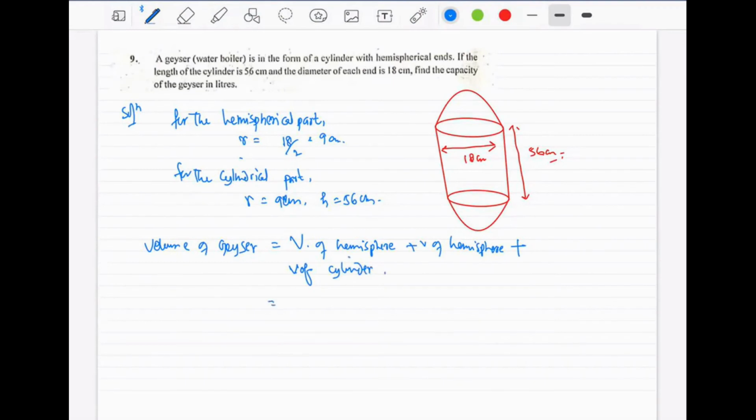Volume of hemisphere is how much? We know that it's 2 by 3 pi r cube, right? The other hemisphere will also be the same. Volume of cylinder is how much? Pi r square. 2 by 3 and 2 by 3, we get 4 by 3 pi r cube. Take out common factor.